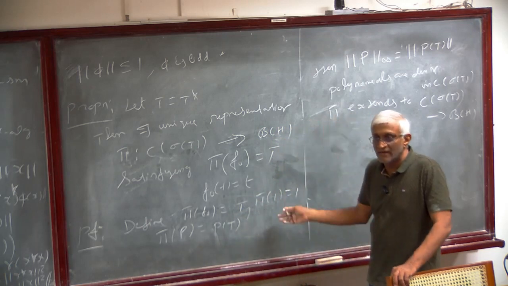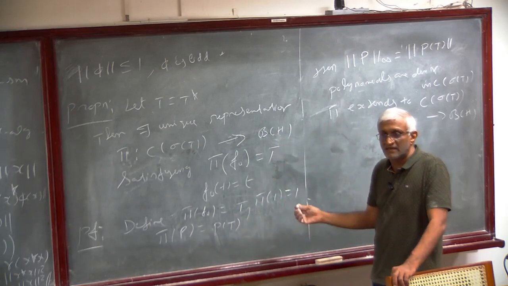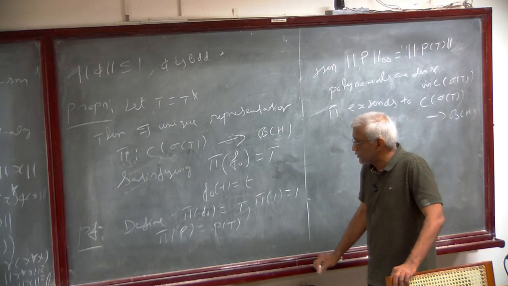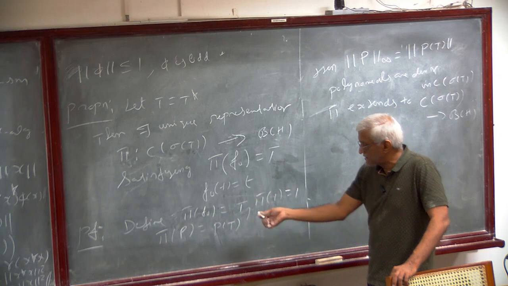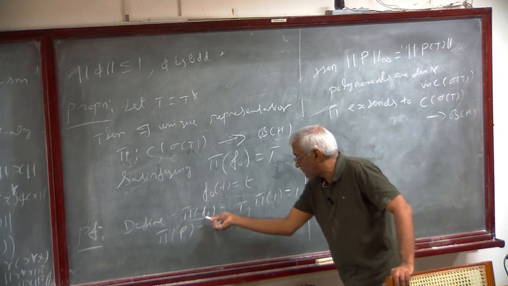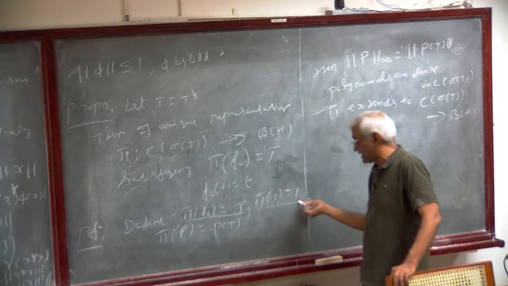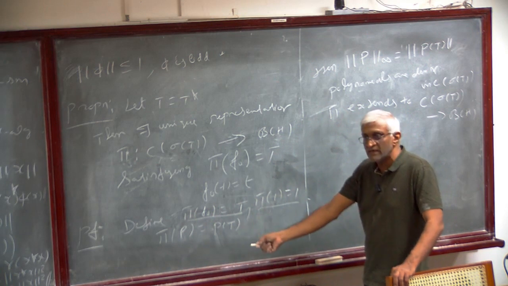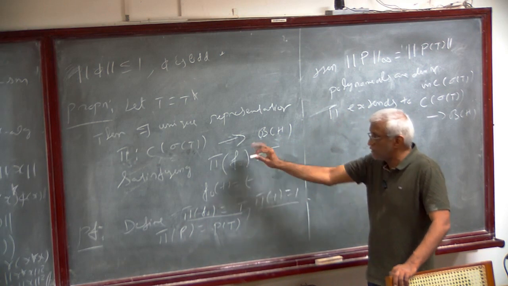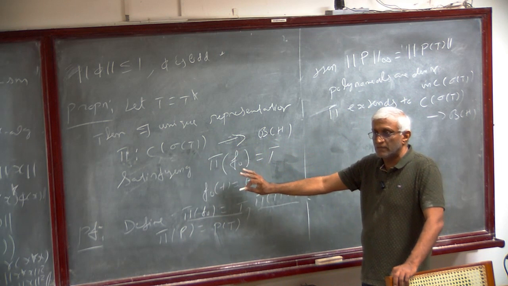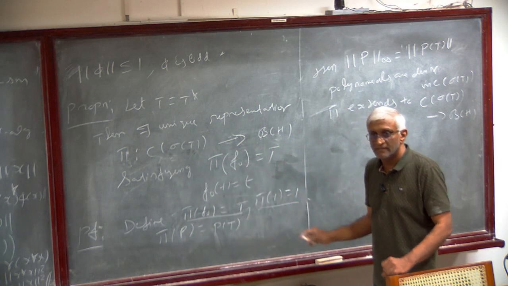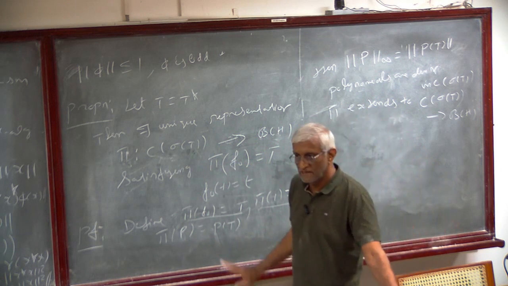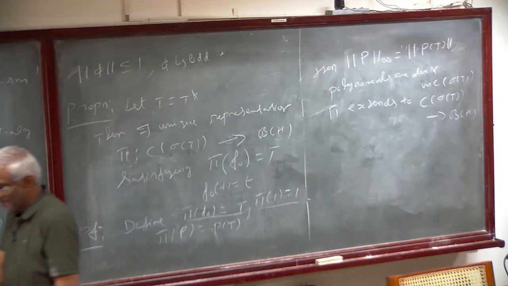The constant is 1. Additionally, you define it. So using these two conditions, you extend it. This condition, pi of f naught equals T, and it's unital, we are assuming it's unital also. This determines the homomorphism. So it's a unique extension, a unique homomorphism which satisfies this condition. So it's clear. Clear? No? Yeah.